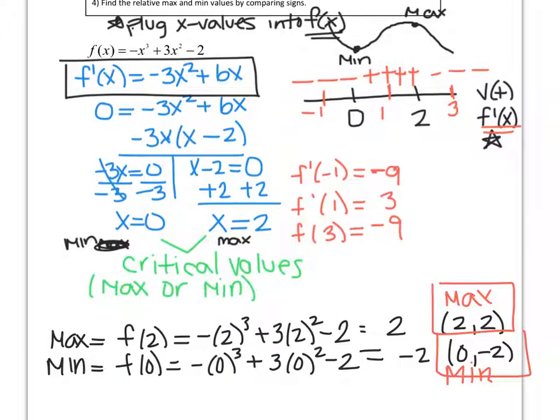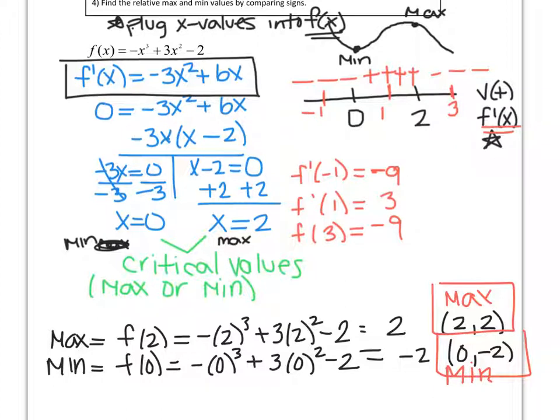Okay, so just to recap, what we did was we took the derivative and we set the derivative equal to 0. And we found our 2 critical values. Now these critical values could either be a maximum or a minimum. So what we did was we made a number line with the velocity. I know I call it velocity, but I mean the first derivative function. And I put these 2 critical values here. And then I did test points, and I test into the derivative function.